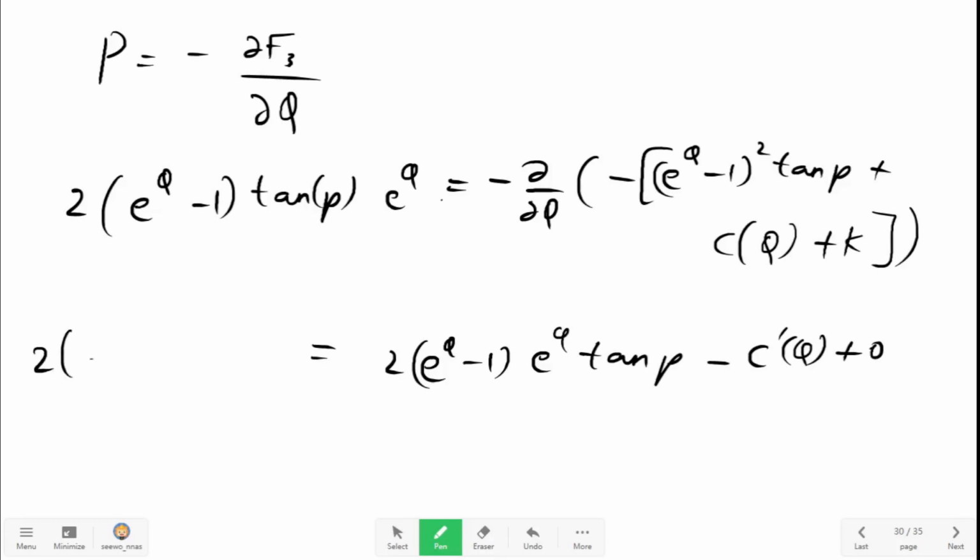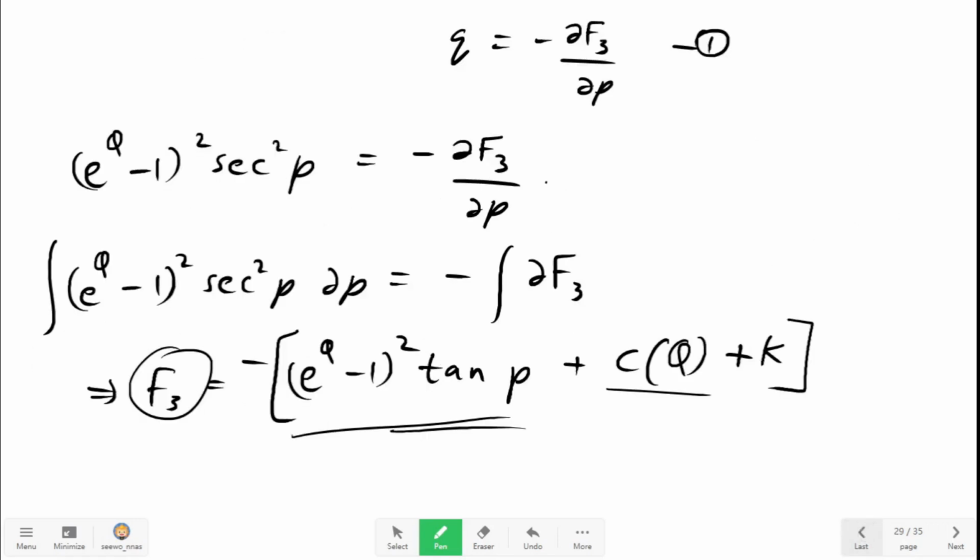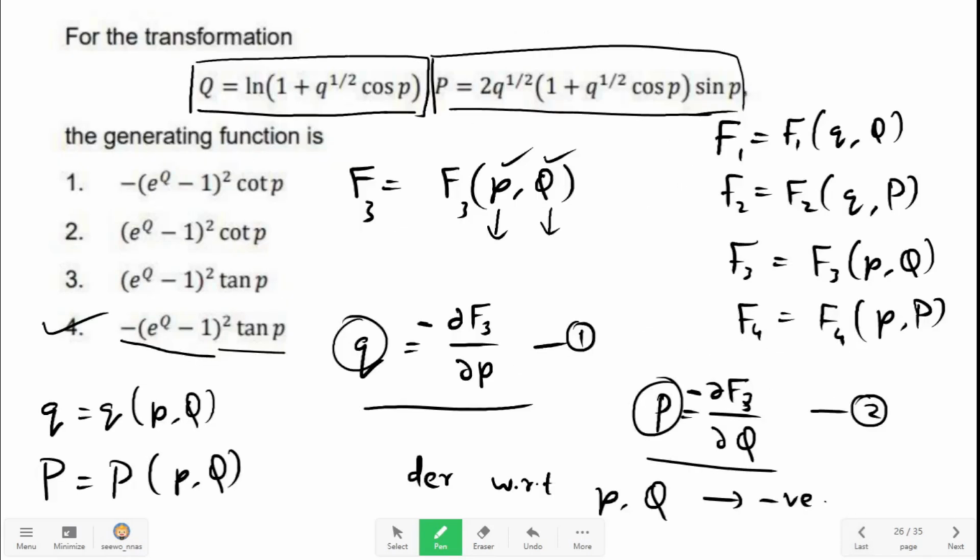In the LHS we have 2 e raised to Q minus 1 tan p e raised to Q. Now for both LHS and RHS to be equal, we need c dash of Q to be equal to 0. This means c of Q is equal to a constant. Now c of Q can be any constant, it can be 0 also. So if it is 0, then the generating function is option 4.